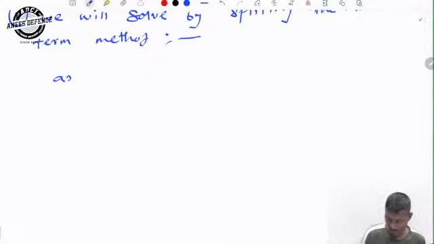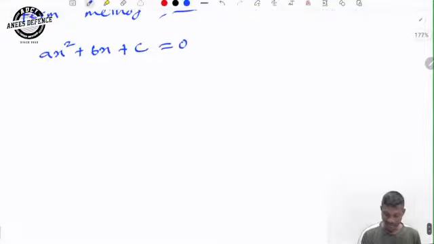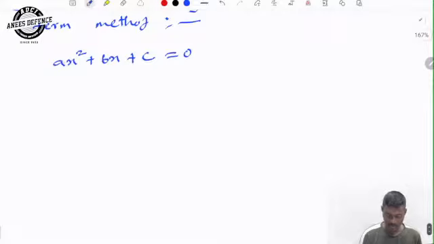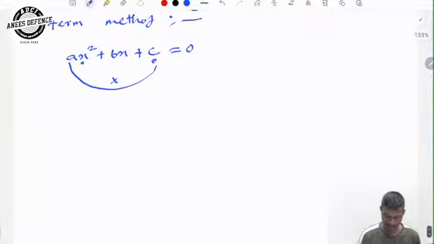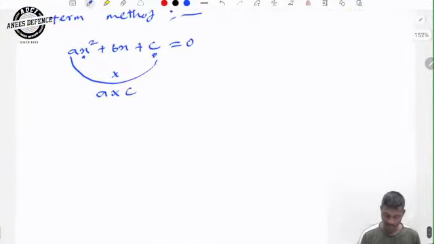If we have an equation ax square plus bx plus c is equal to 0, then we have to multiply the coefficient of x square and the constant term, that is a and c. A into c. Then the product we will get, let's assume it as z.